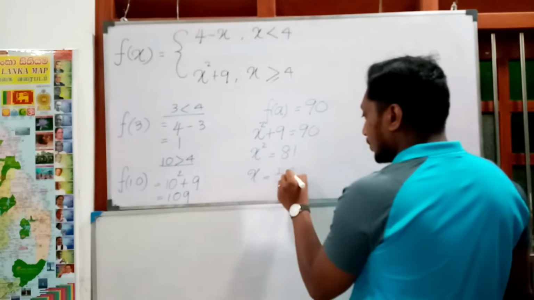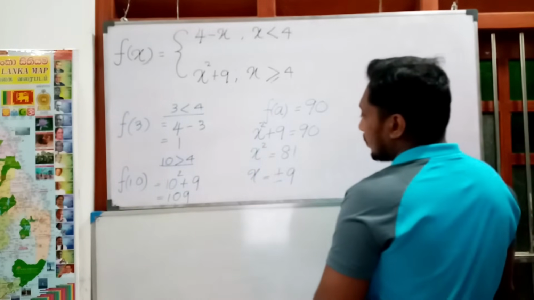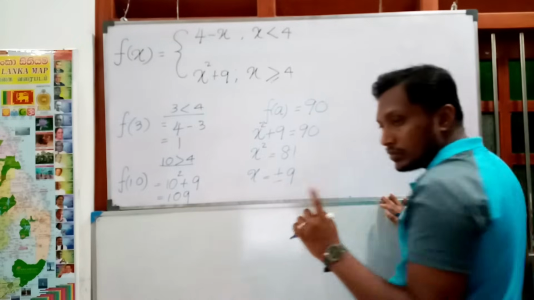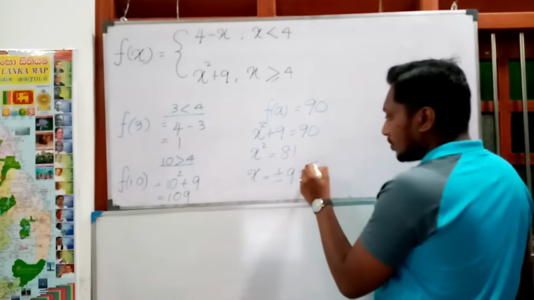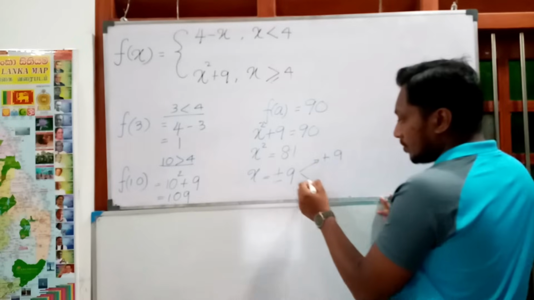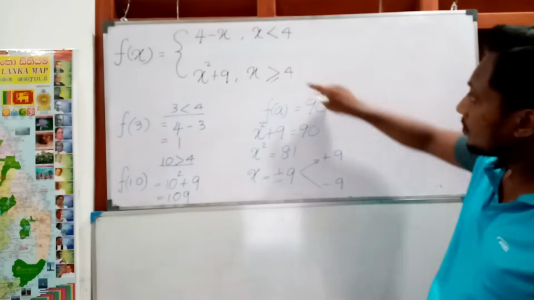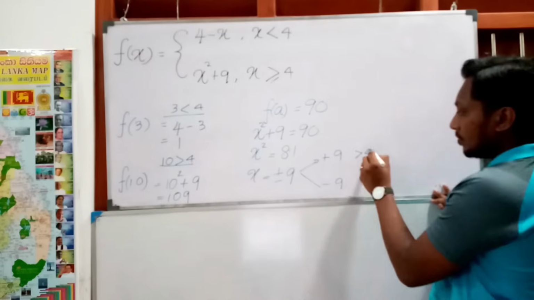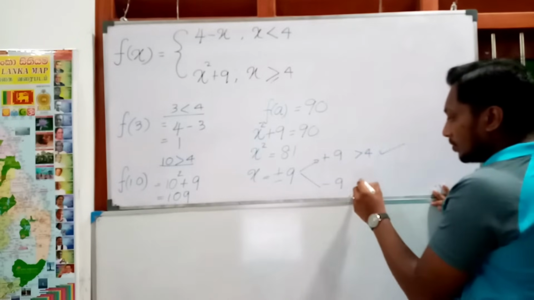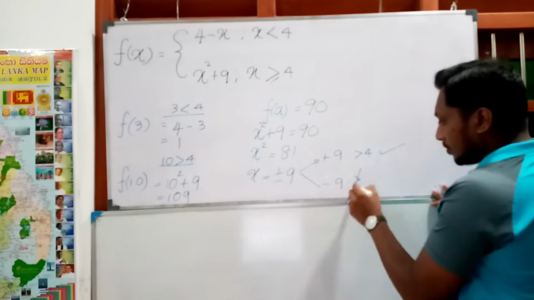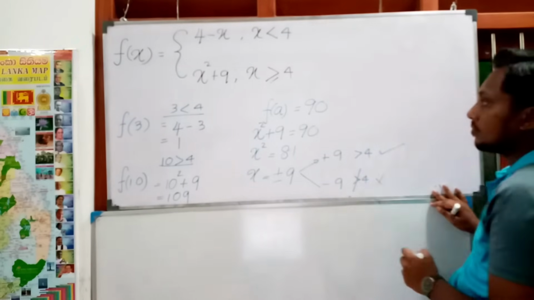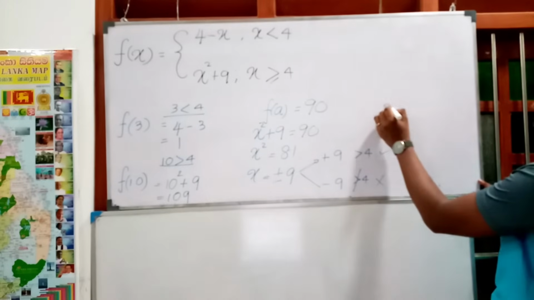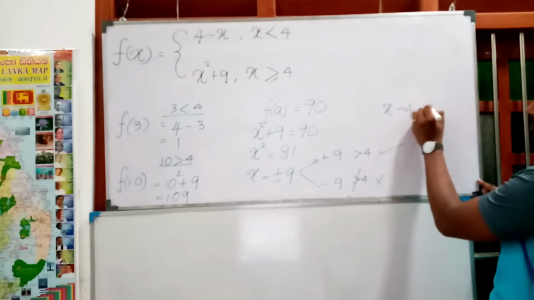Move 9 to the other side, then x squared equals 81. x equals plus or minus 9. Now the question is, can we take x equals minus 9? You can't take it, because this function is defined when x is greater than or equal to 4.